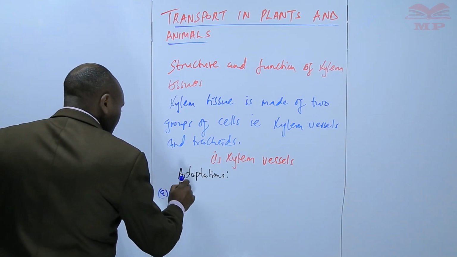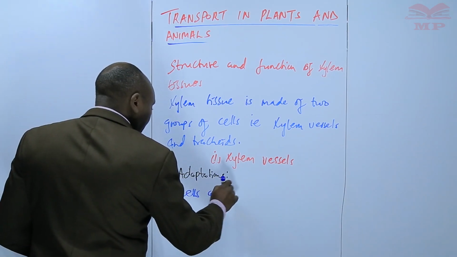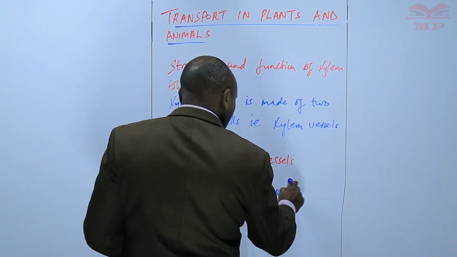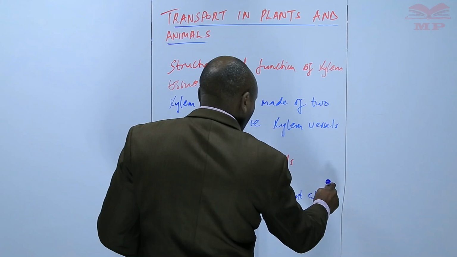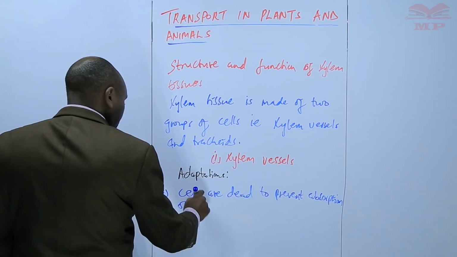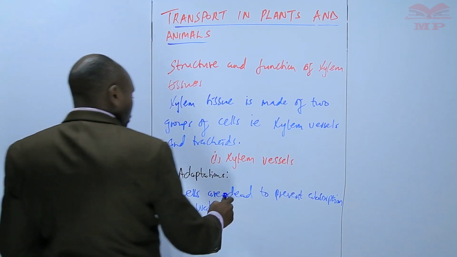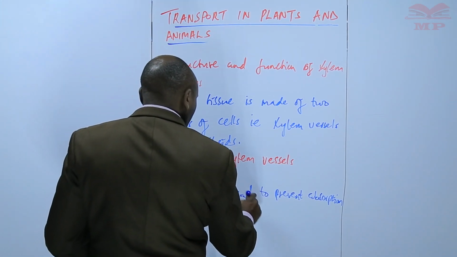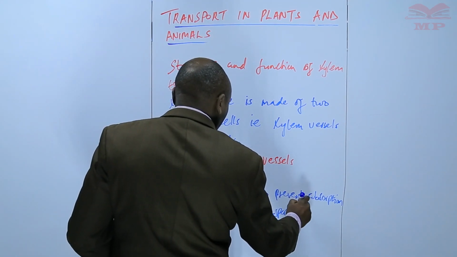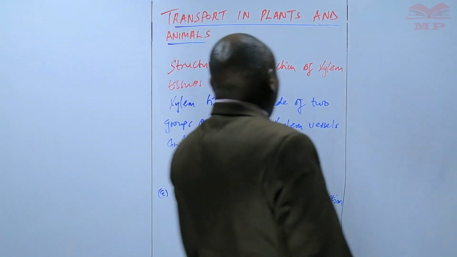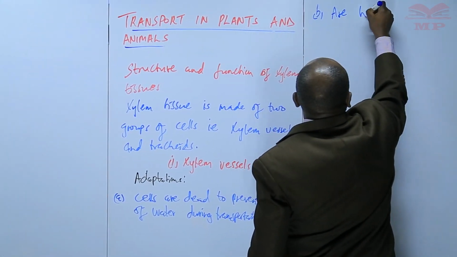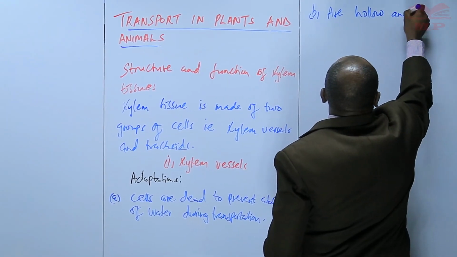One is that the cells are dead to prevent absorption of water during transportation. And then the xylem vessels are hollow and tubular.